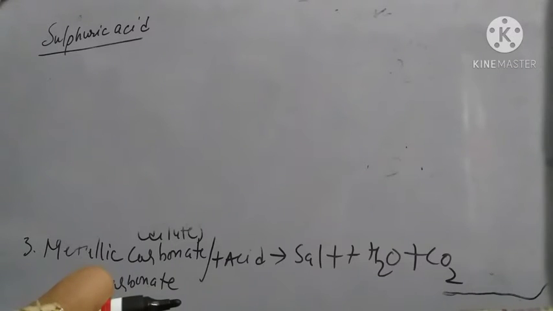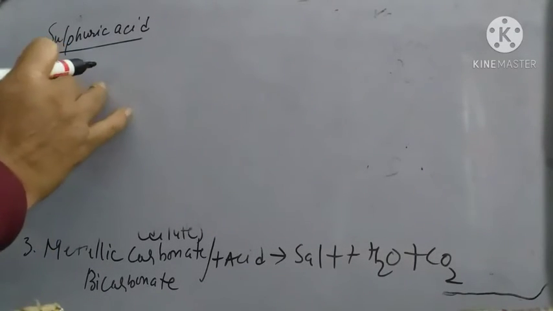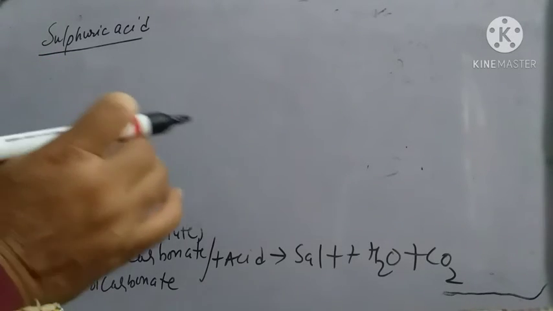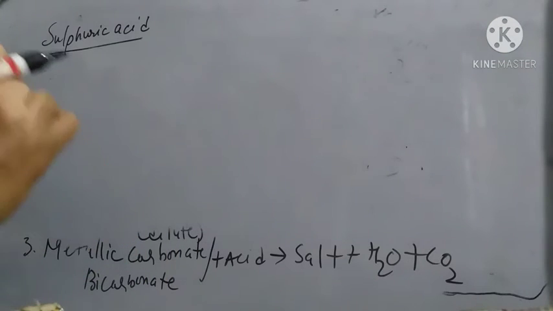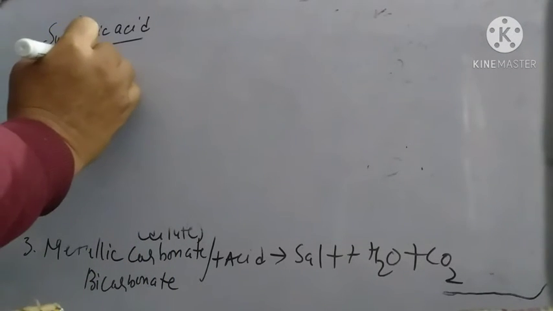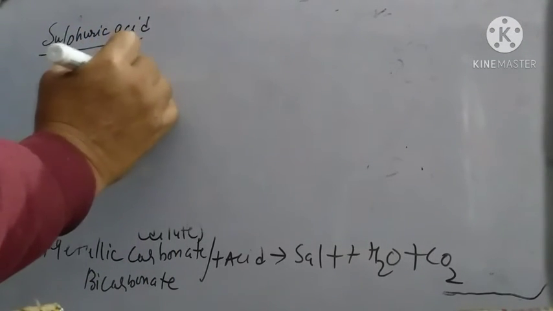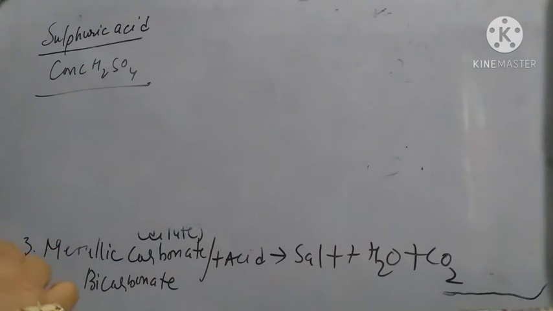It also removes the water of crystallization from hydrated salt. Again, concentrated sulfuric acid also acts as a drying agent. Here we are going to study how concentrated sulfuric acid behaves as a strong dehydrating agent.